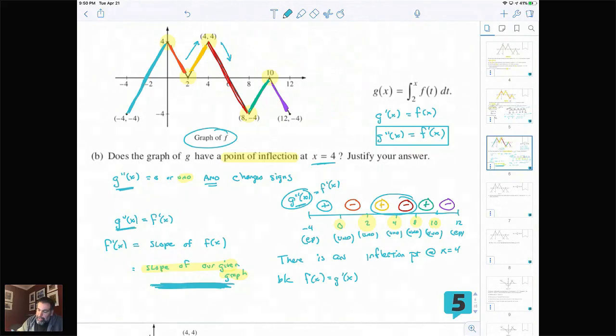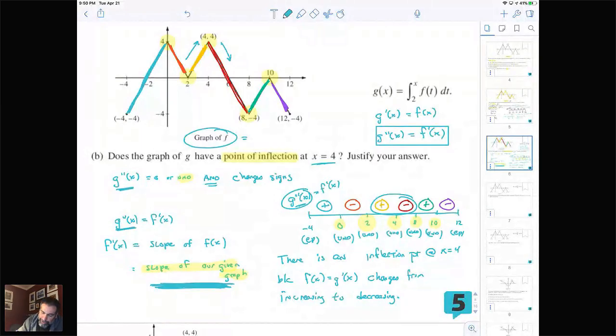So what's happening? f of x, which is equal to g prime, changes from increasing to decreasing. And that is that second definition of concavity, where you're talking about the concavity in terms of the derivative increasing or decreasing. So the more common one is when you're talking about the second derivative being positive or negative, but remember, the derivative increasing and decreasing gives the same information.